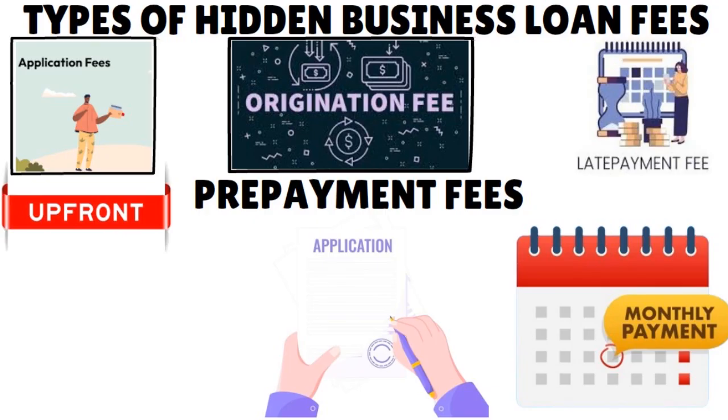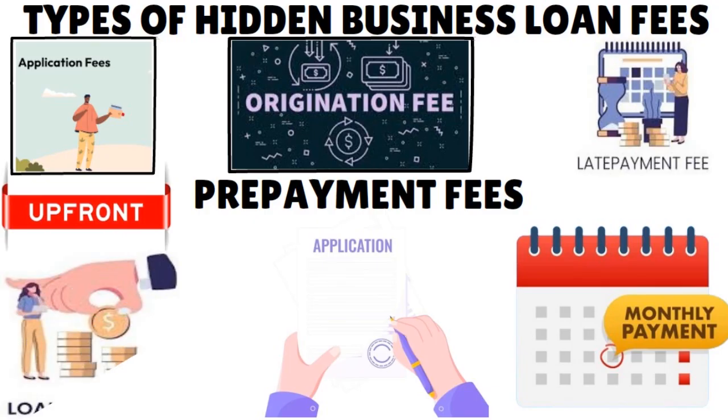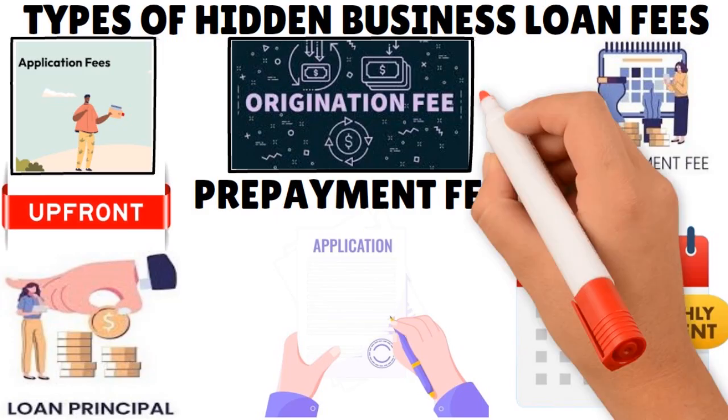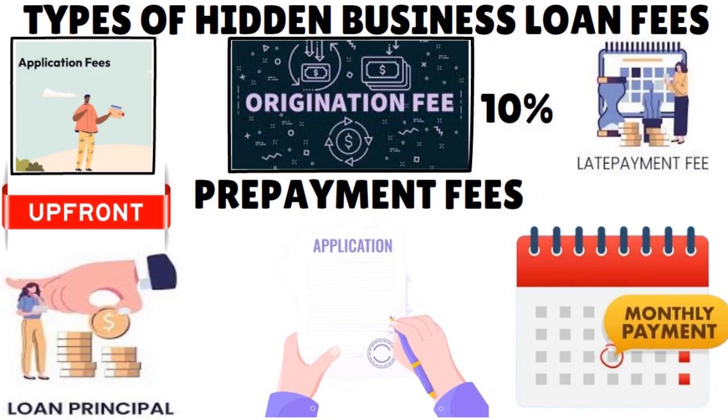You can expect origination fees to be flat fees or a percentage of your loan principal. However, they might also be lumped into the loan itself. You can have origination fees all the way to 10%. I've seen even 12% when it comes to online lenders. But in the business loan space, you have mostly 7% to 8%.